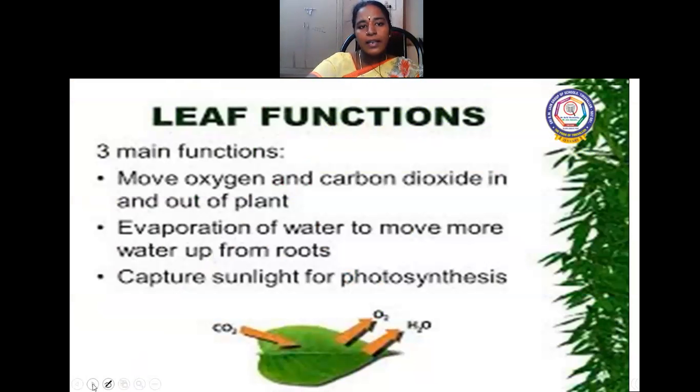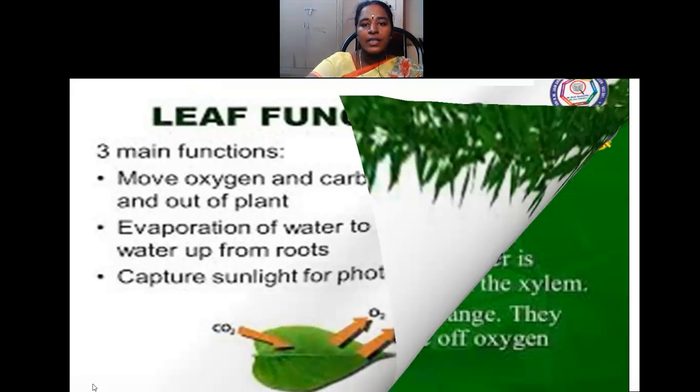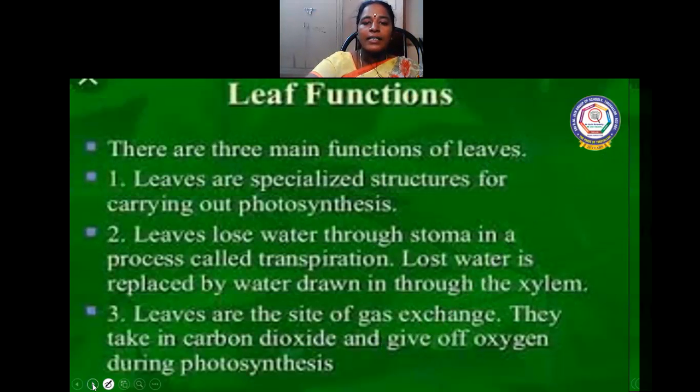Let me see the functions of leaf. There are three main functions for the leaf: move oxygen and carbon dioxide in and out of the plant, evaporation of water to move water up from roots, and capture sunlight for photosynthesis.